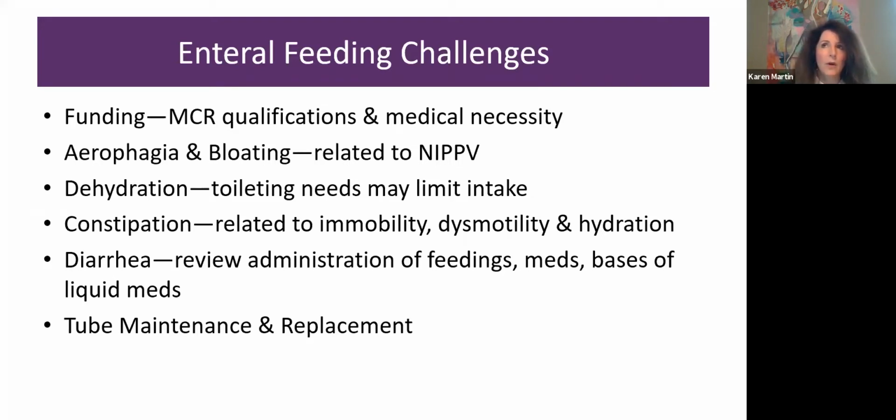Another thing, though, that I like to review, and some patients elect to get a feeding tube simply because they can get relief from aerophagia, which is the swallowing of air, which may happen as you are on non-invasive ventilation, a Trilogy, or whatever type of device you have providing that ventilation.